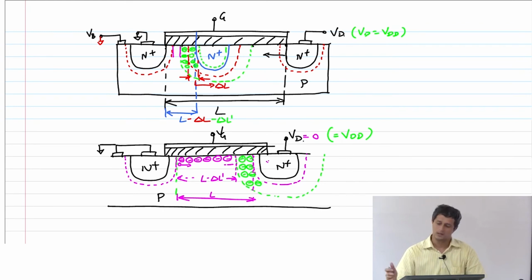Okay? Yeah. So in the given time, I think I can derive one thing, which is basically the first short channel effect, which is basically channel length modulation.